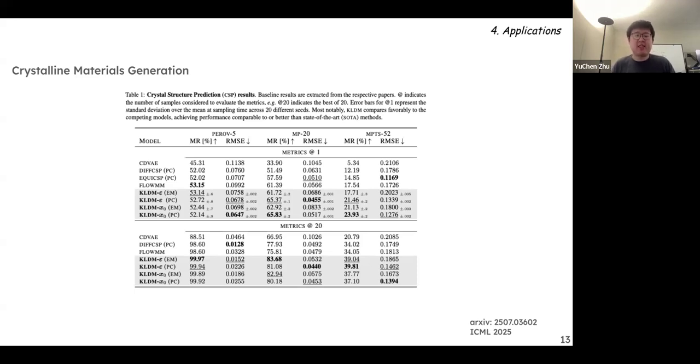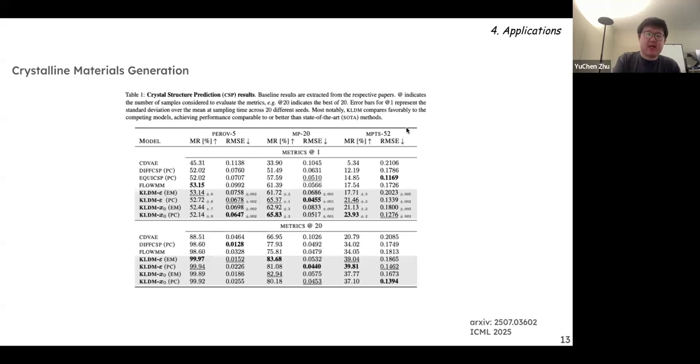Their method is named KDLM. It's a flexible extension of TDM, and as you can see from the table, it shows very near state-of-the-art performance on all these metrics in material science. These suggest again that our method works really well with Lie group data, and it's very effective and easily expandable.